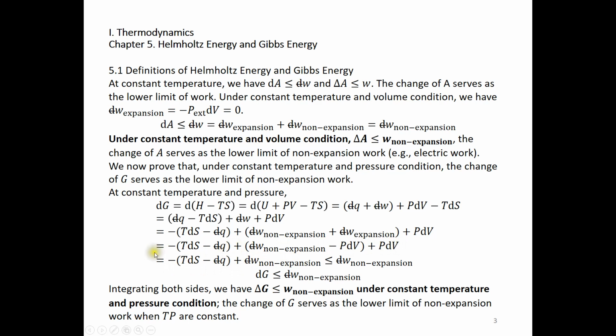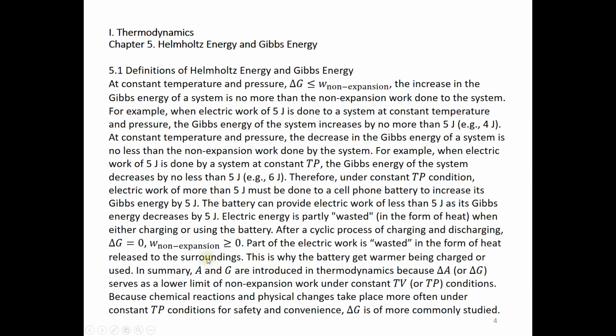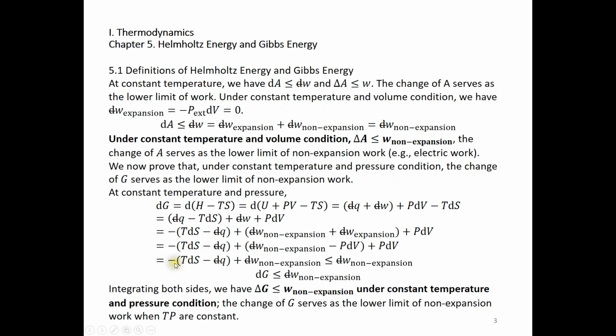If you look at the number one term and number two term, TdS is always greater than or equal to dq based on the Clausius inequality. So over here we have a non-negative number, and with this negative sign, we know the sum of these terms should be less than or equal to dW non-expansion.